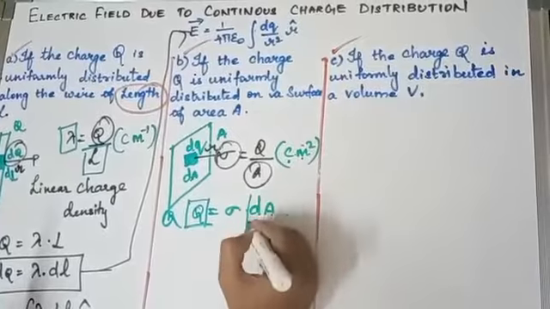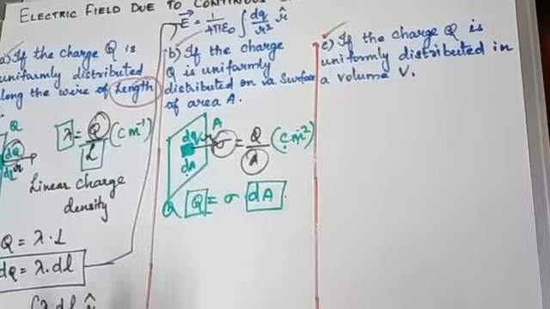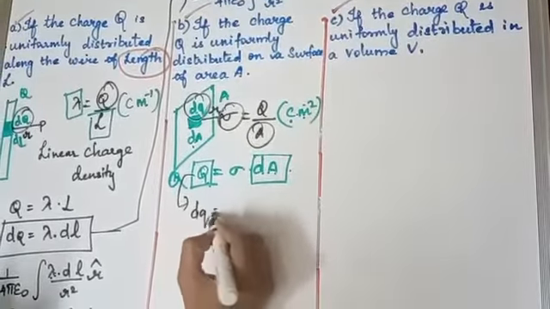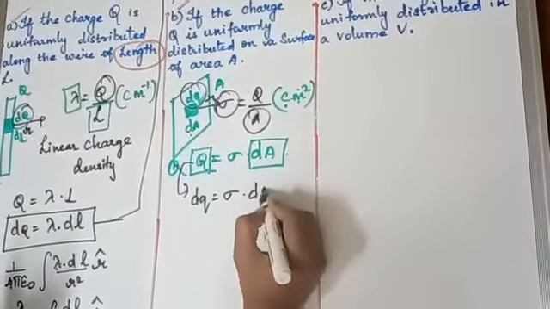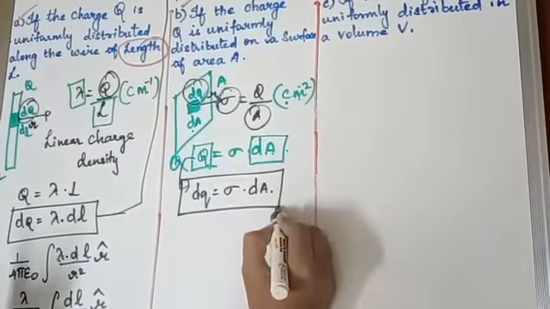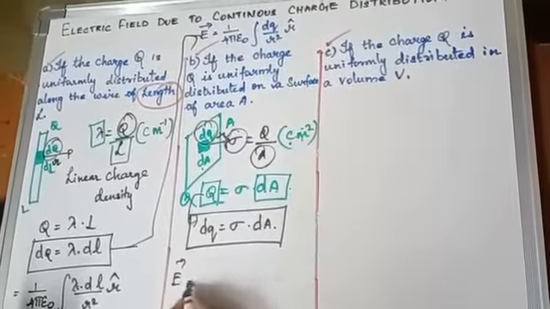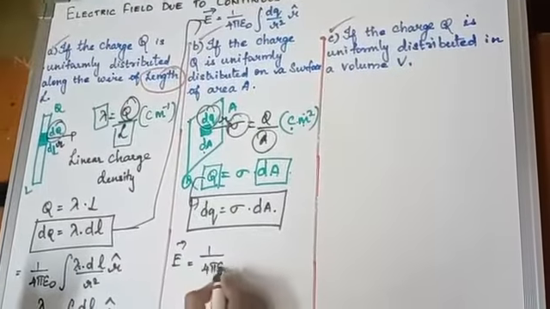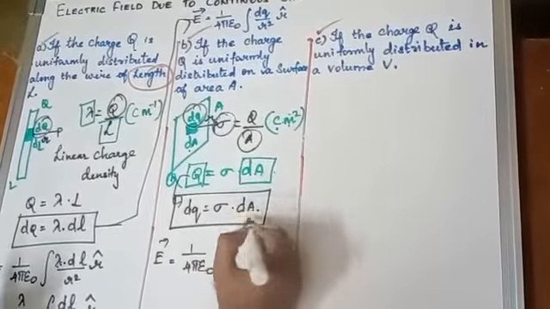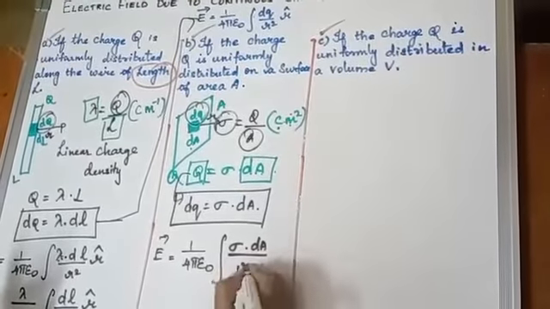Since we are dealing with a small area and a very small charge, dq is equal to sigma into dA. Now we substitute this into the electric field equation, E vector is equal to 1 by 4 pi epsilon naught integral of, instead of dq, sigma dA upon r square, r unit vector.